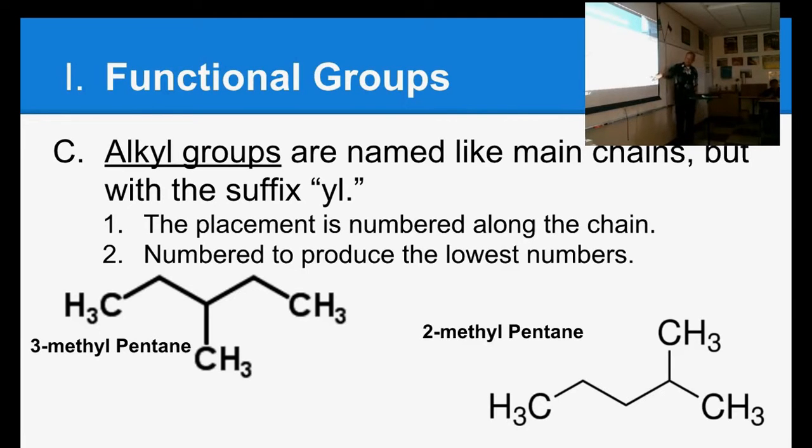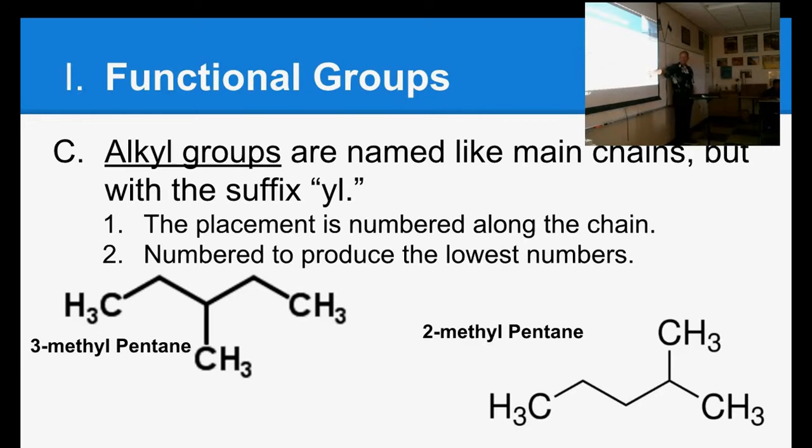So in this example here, there's 1, 2, 3, 4, 5 carbons in the main chain, and there's no double bonds. So that's pentane. But on the second carbon, we have another carbon and its associated hydrogens. So 1 carbon is meth, right?